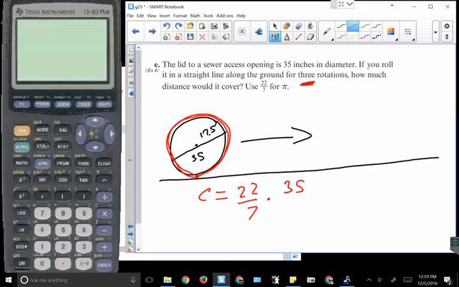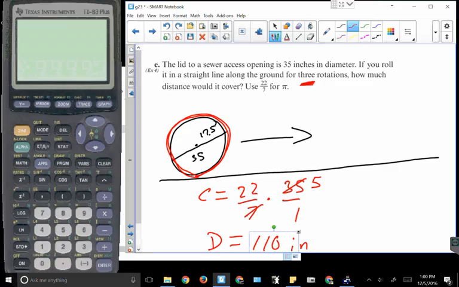The 35 can go over 1, 7 cancels with 35, and I end up with 5, correct? Now I get 22 multiplied by 5, so the circumference, I should say distance, is going to be exactly 110 inches. Okay?